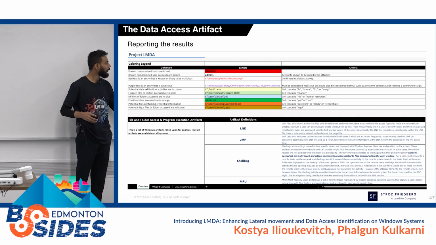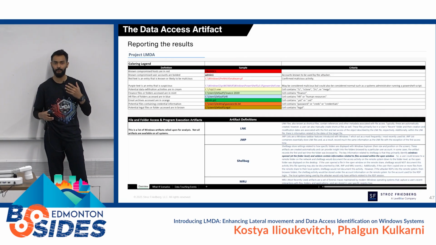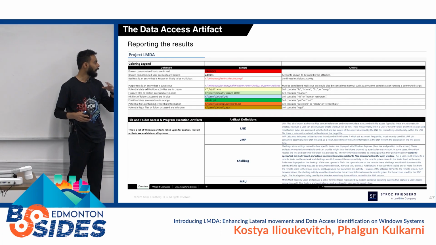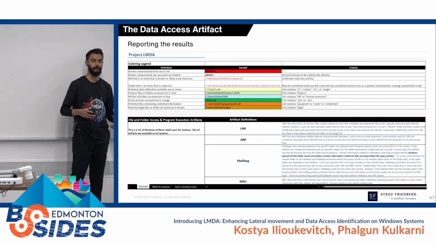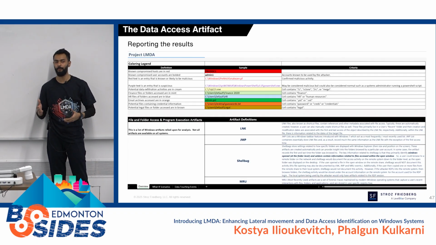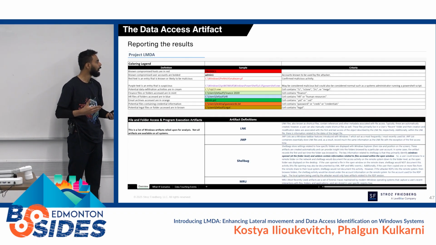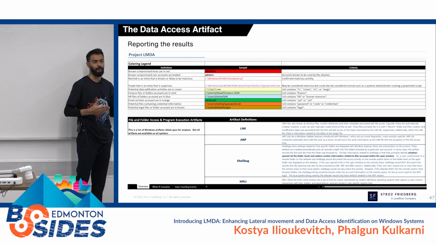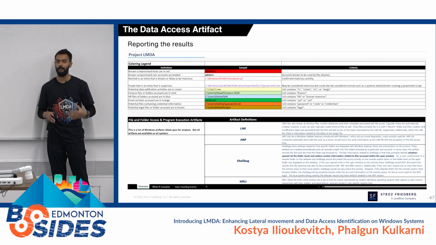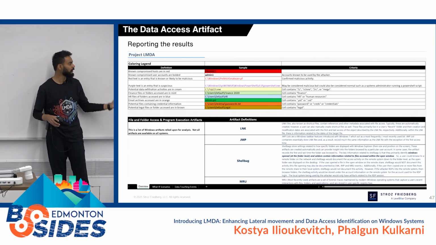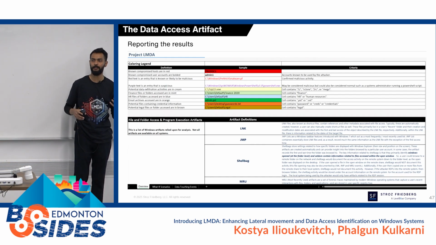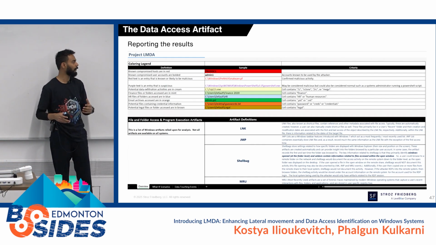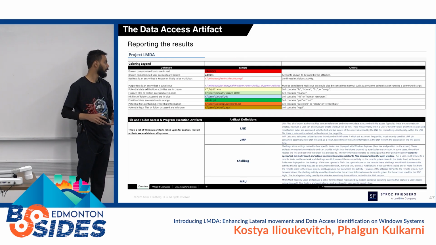If, for example, a certain row or certain cell contains keywords like password or credentials, it will be automatically highlighted with respective colors. Those are the conditional rules baked into the Excel template, which are easily configurable and, again, make it easy to differentiate what could be a potentially sensitive access or sensitive data.